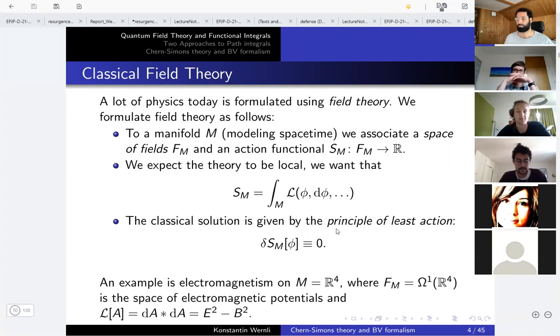So for instance, to describe electromagnetism, I would take M equals R^4, right? So just usual Lorentzian spacetime, or even Minkowski spacetime. And then the space of fields is a space of electromagnetic potentials, which is a space of 1-forms on R^4.